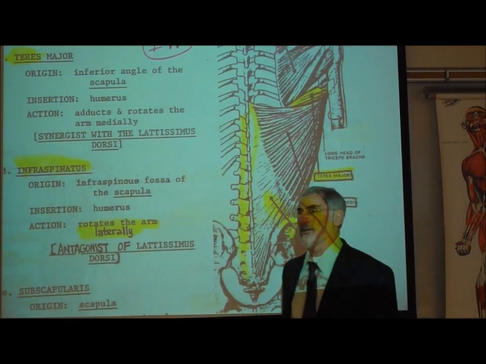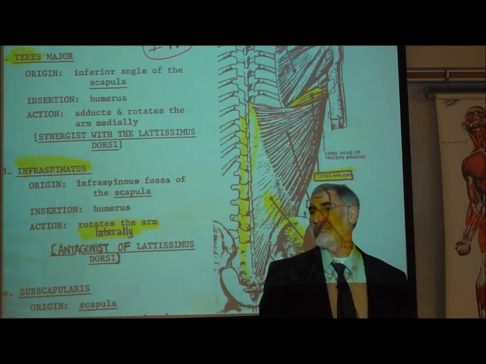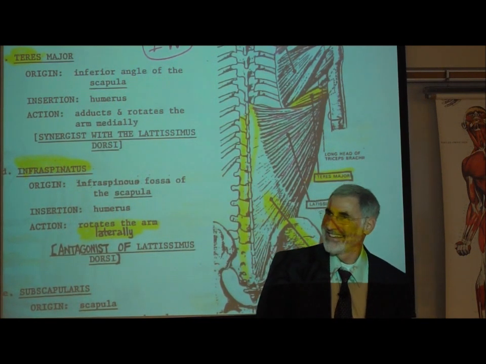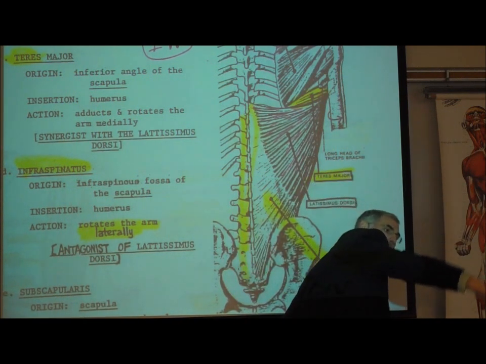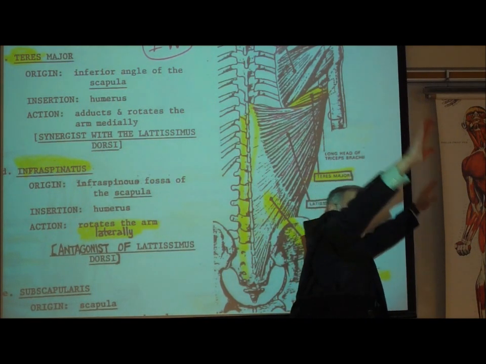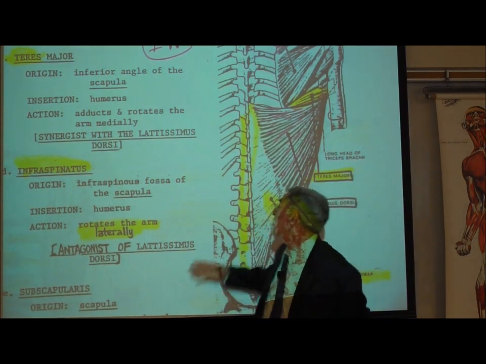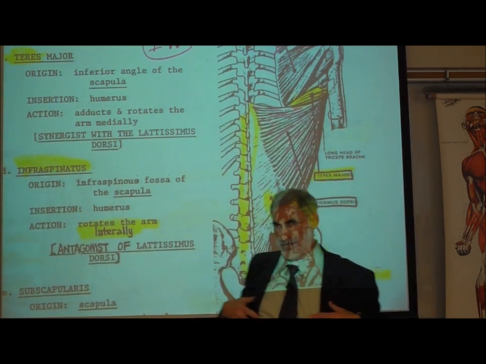Okay, so when do you use your lats? You really use your Latissimus dorsi for swimming. Because when you swim, don't you pull your arm backwards? All swimmers have huge Latissimus dorsi because that's what they're exercising all the time.